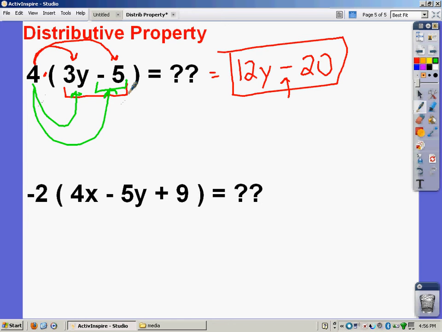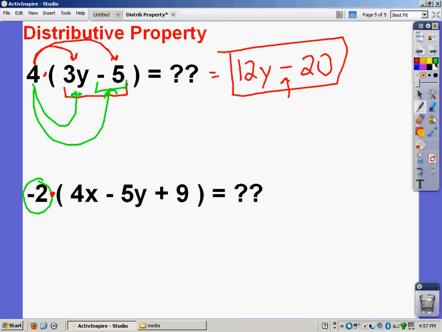Okay, so now in this particular case, we had 2 terms inside the parentheses, but you shouldn't be limited just to number 2. It could be a whole bunch of stuff in that box. I give you an example down below where the parentheses include 3 terms. But the mechanics are really the same. I take whatever's in front, and let's just re-indicate that it's really a multiplication sign.